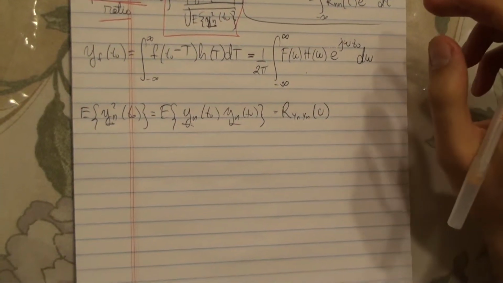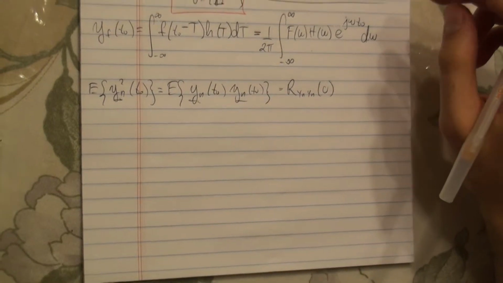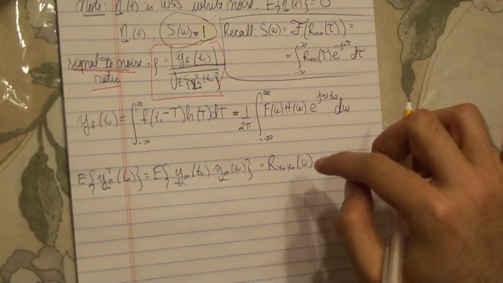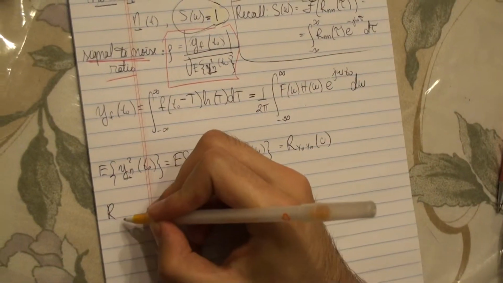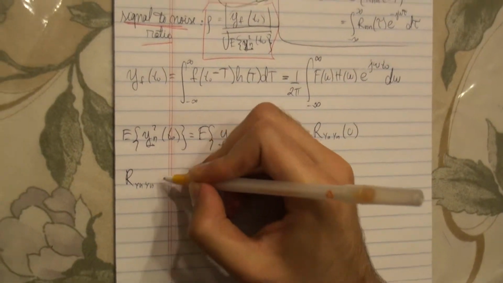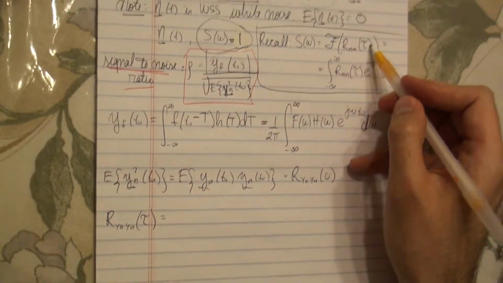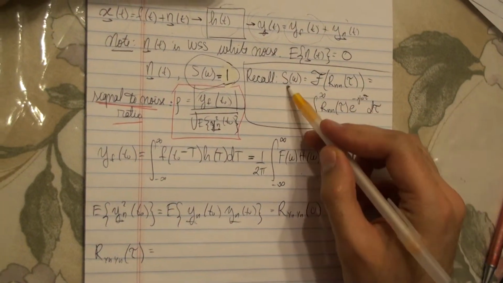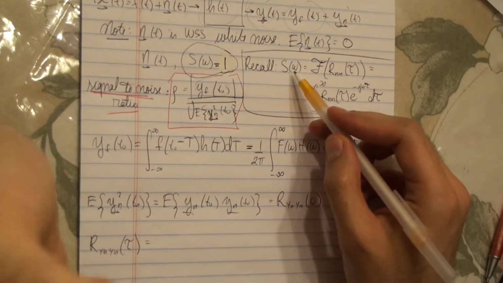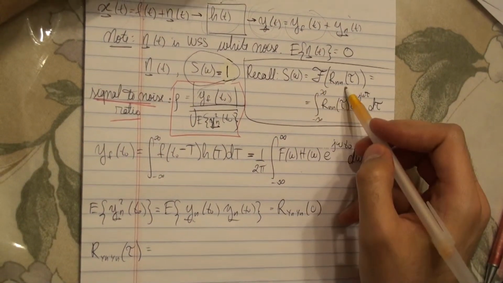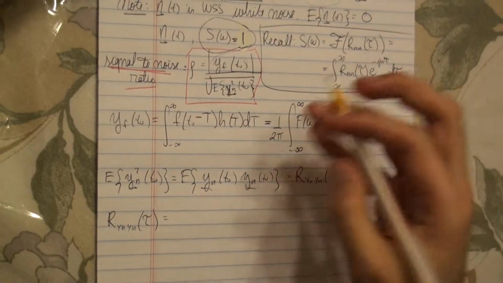Okay, so using what we have here, we can write r yn of tau, the time difference, as, because the Fourier transform of the autocorrelation is S, the inverse Fourier transform of this is equal to the autocorrelation.